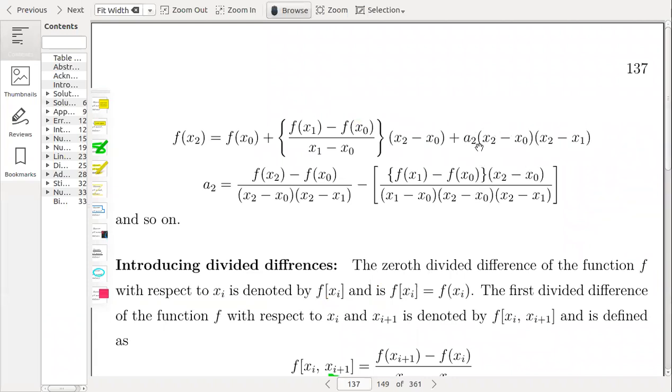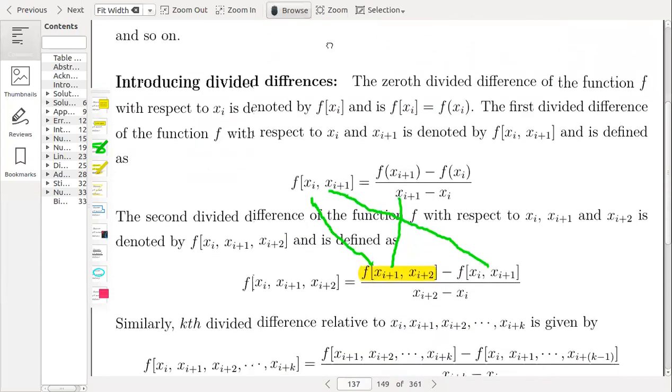So if we simplify this term, we will have a2 equal to f of x2 minus f of x0 over x2 minus x0 into x2 minus x1, minus f of x1 minus f of x0 into x2 minus x0 over x1 minus x0 into x2 minus x0 into x2 minus x1, and so on. Next we can find even the coefficients a3, a4, a5, and so on up to an.